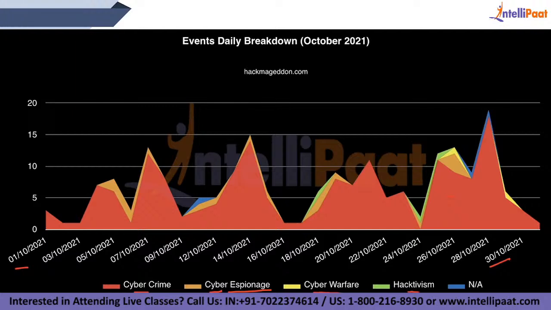And then you have hacktivism. Hacktivism is nothing but hacking a particular system to show that they have the knowledge, out of curiosity, out of interest. Script kiddies might be doing hacking, or people who have knowledge of IT security could be trying to hack the system. So this is what hacktivism is all about.